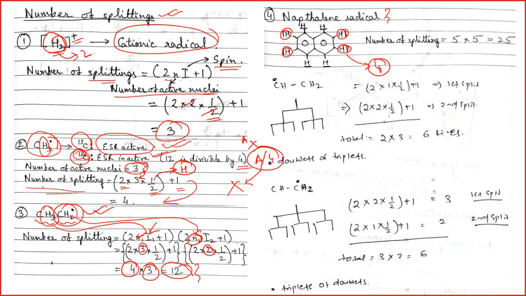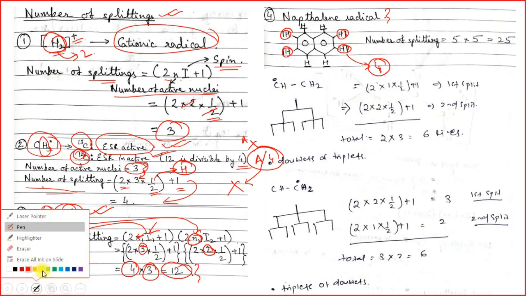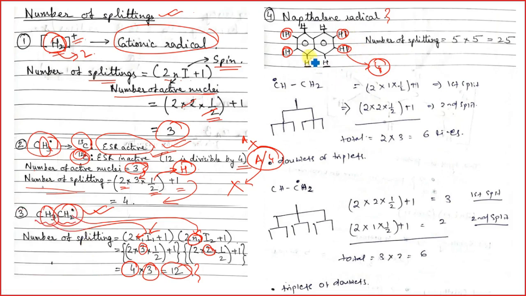Secondly, the other 4 hydrogen atoms, these blue marked hydrogen atoms, are also facing a similar chemical environment.